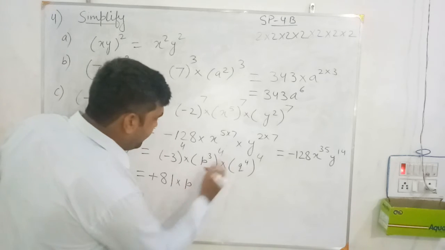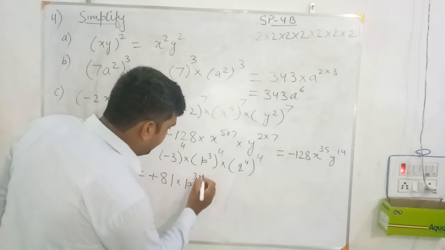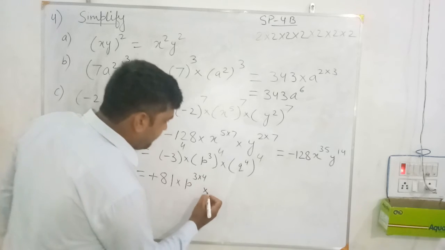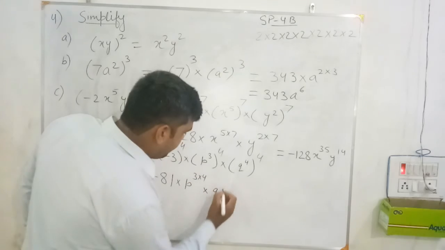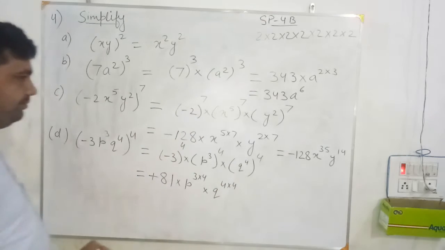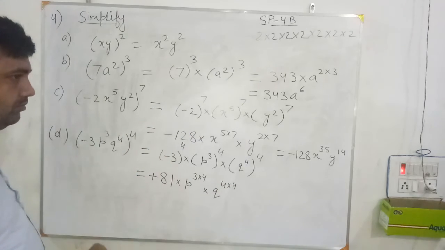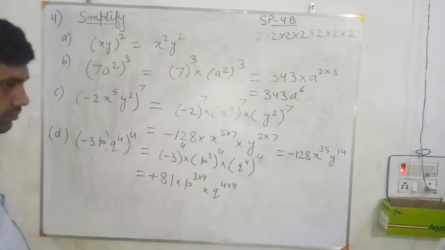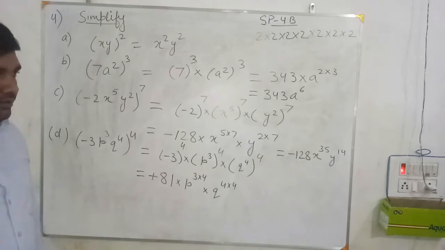p to the power 3 into 4. Take the base common and multiply the power. Now next, multiply q to the power 4 into 4. Take the base common.